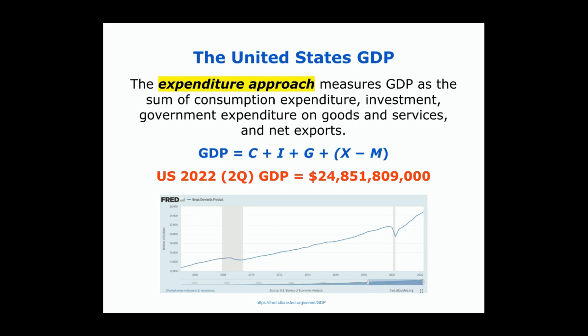So in the last 20 years or so, the GDP in the United States has doubled from about $12 trillion to about $24 trillion. And the overall trend is an upward slope of the GDP. You can see during the recession following the 2008-2009 financial crisis, the GDP was kind of flat and actually declined.